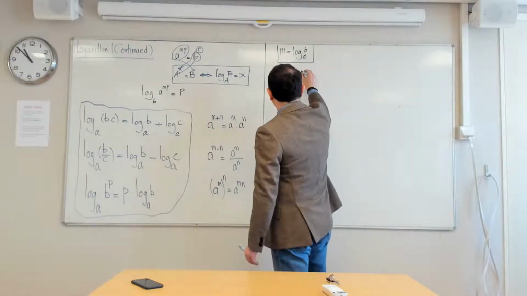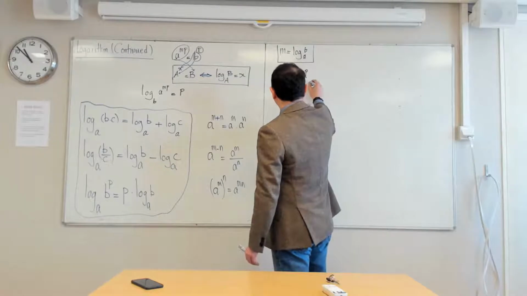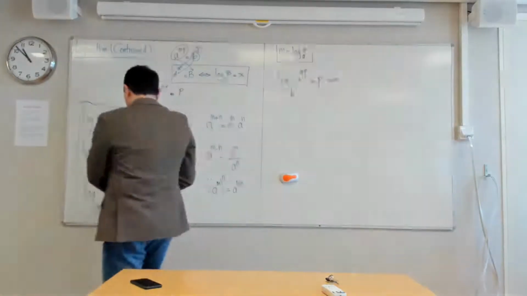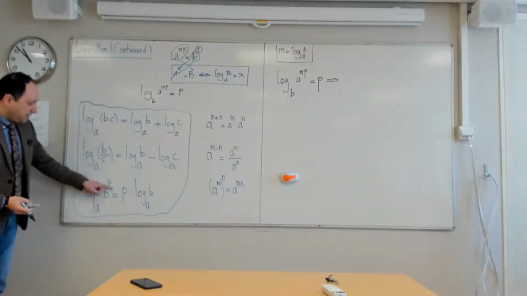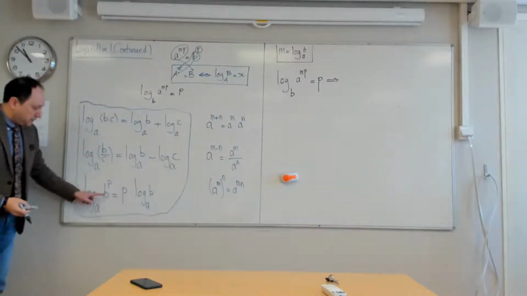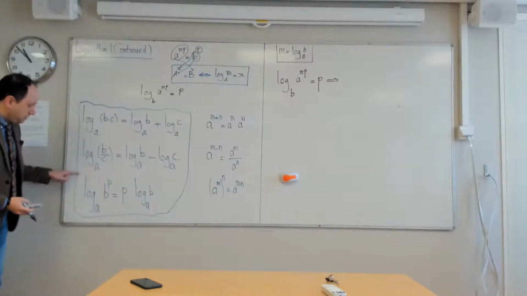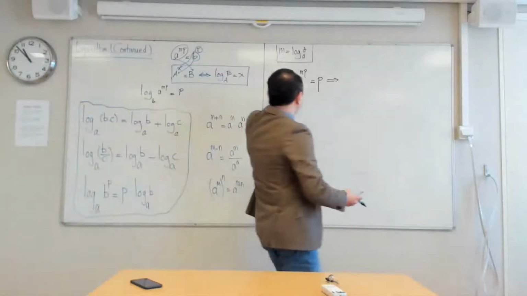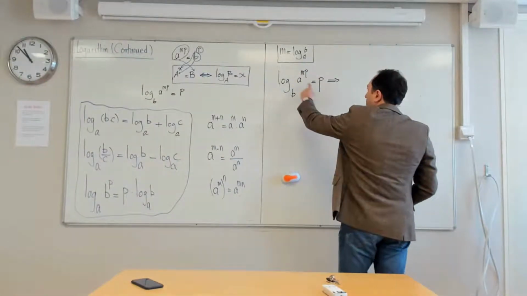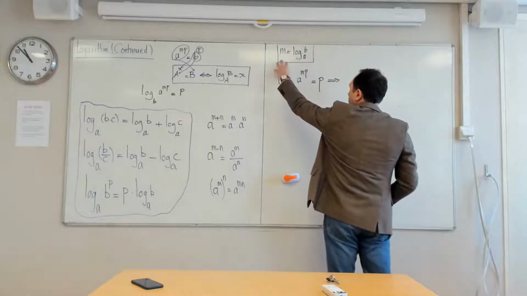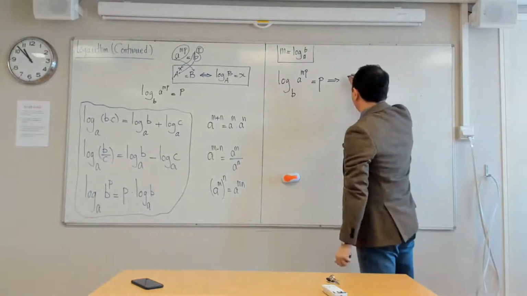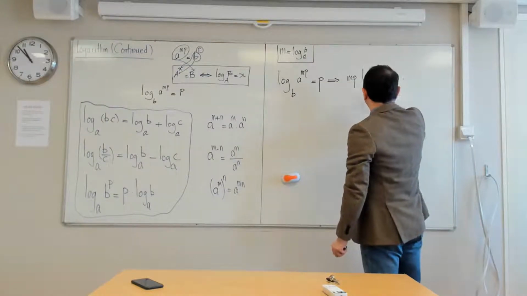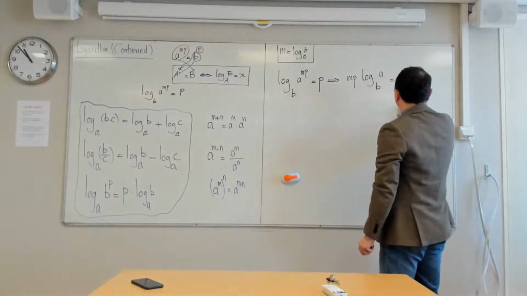A to the power MP in base B is equal to P. But now here I discovered that if I have an exponent on top of this B, I can move this P to the back of the logarithm. Here I have MP on top of my logarithm, so I can move MP to the back of this logarithm. So it becomes MP log of A base B is equal to P.